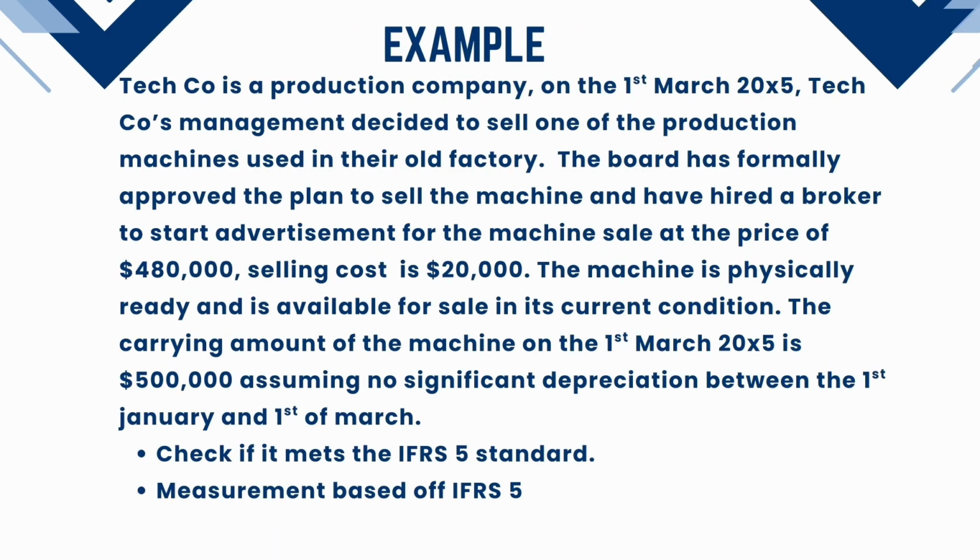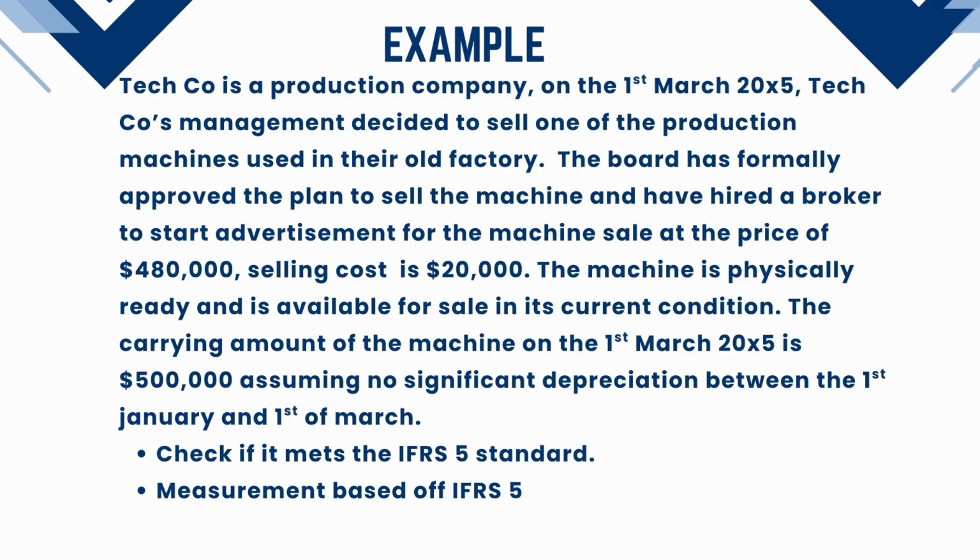Before we conclude, let's take an example. Teco is a production company. On the 1st of March 20x5, Teco's management decided to sell one of the production machines used in their old factory. The board has formally approved the plan to sell the machine and has hired a broker to start advertisement for the machine sale at a cost of $480,000.